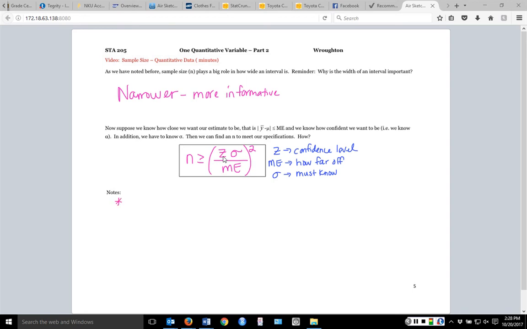With our first note, we must have something for sigma. There's a couple different ways I might be able to get at that. The first one, I might have a sample standard deviation from a previous similar study.